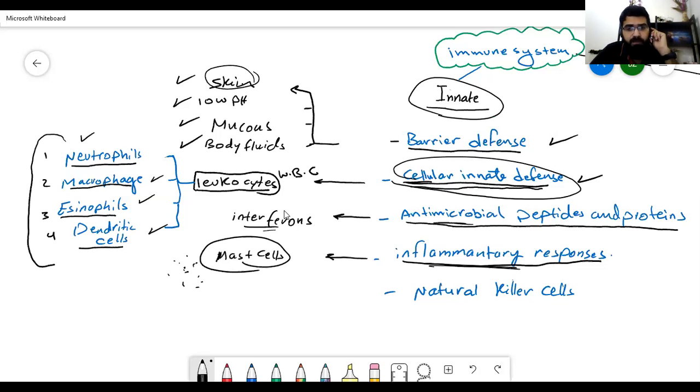And remember, these cells, like macrophages and others, release antimicrobial peptides, such as interferons, to destroy this pathogen and engulf it. Okay, got it? So these different ways of innate defense work together, as you see in this image.